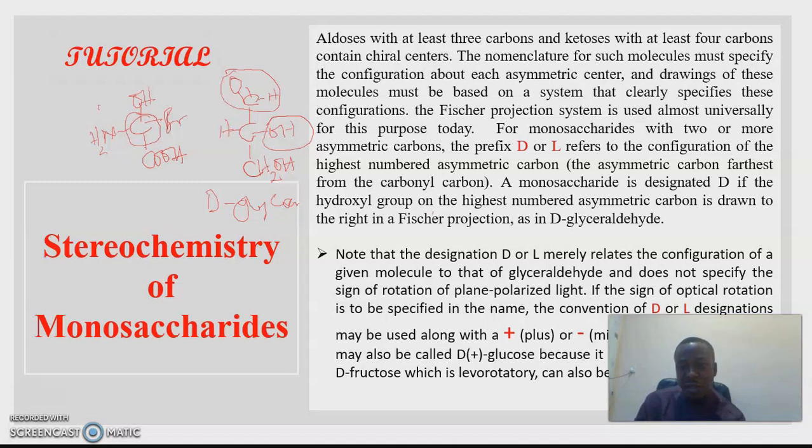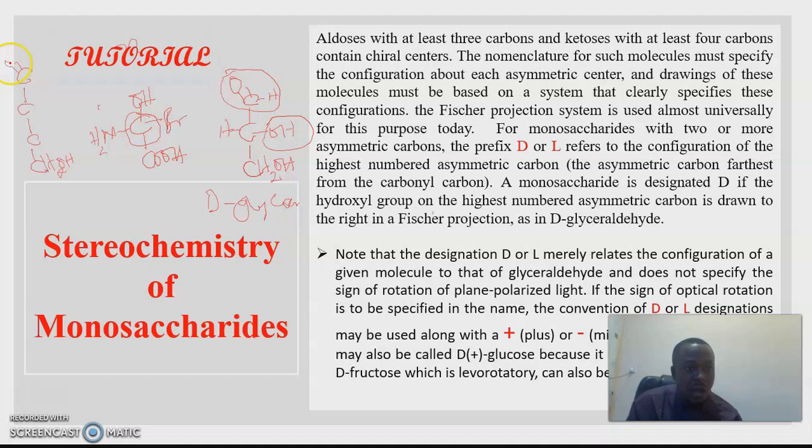Note that the designation D or L relates the configuration of a given molecule to that of glyceraldehyde and does not specify the sign of rotation of the plane of polarized light. Now, if we were to draw a 4-carbon monosaccharide, we will have a structure like this. You have 1, 2, 3, 4. So this becomes CH2OH.